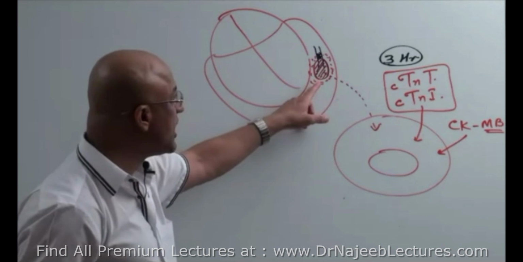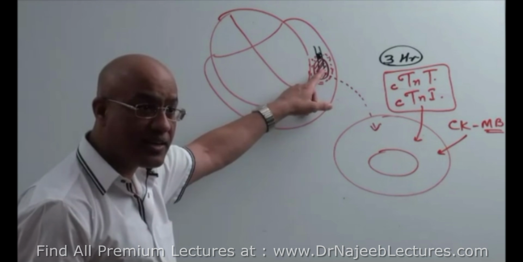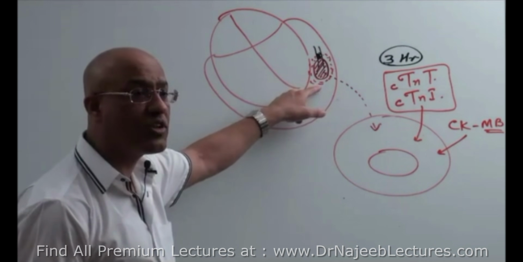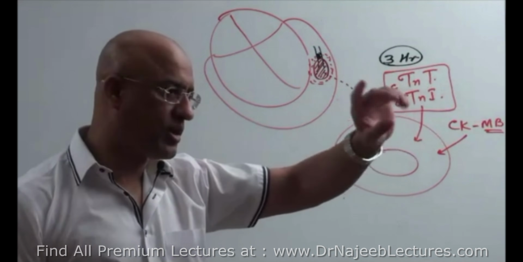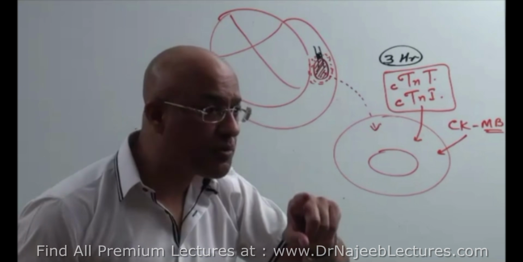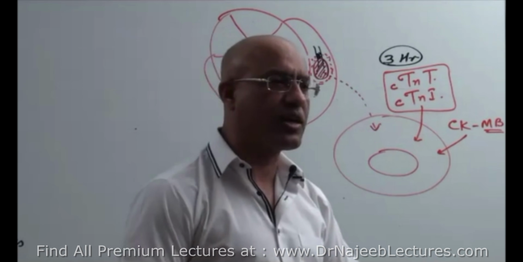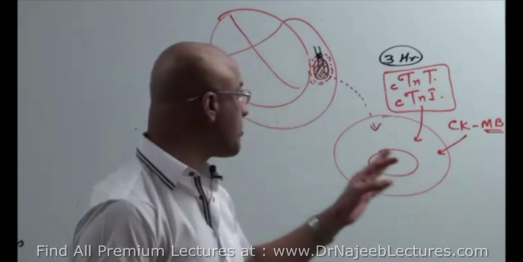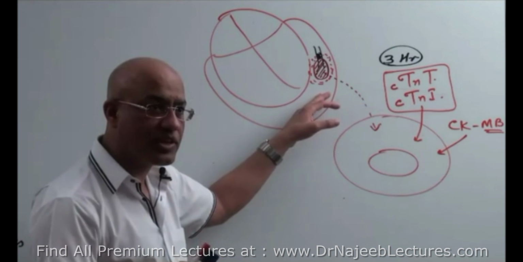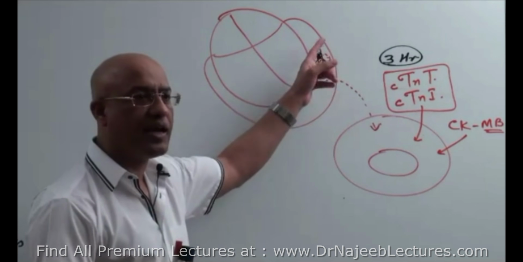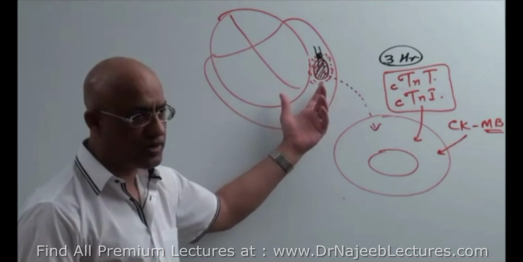Over the days, they will start digesting away the necrotic cells and activating the local fibrocytes. Activated fibrocytes are called fibroblasts. Those fibroblasts start producing collagen, and over some weeks, eventually the necrotic cells will disappear and collagen will be deposited in that area, and a scar will be formed in the myocardium.